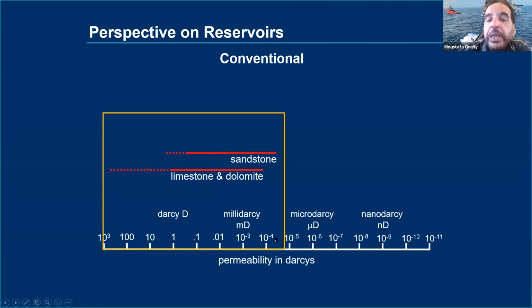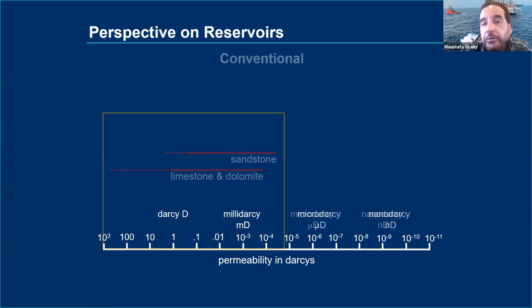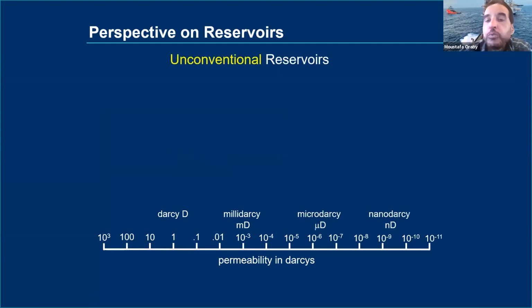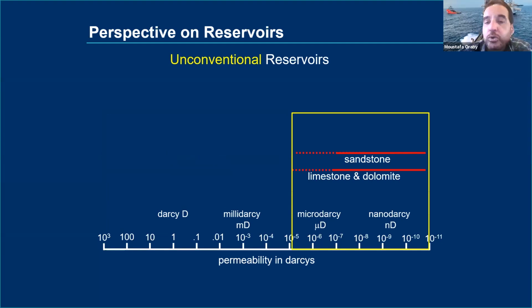Anything from millidarcy all the way up to darcies is considered conventional, because the grain sizes will be more than 0.004. It's not going to be within the range of 0.001 to 0.004. If you go to the unconventional part, then you move your sandstone, limestone, and dolomite to this part of the permeability, which is in the microdarcy and the nanodarcy.